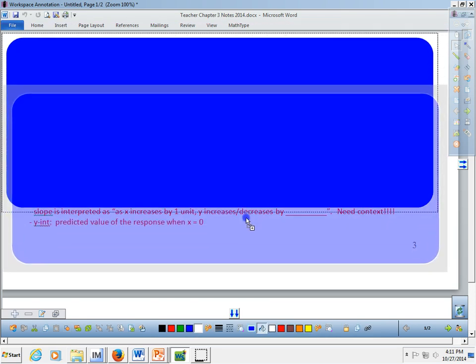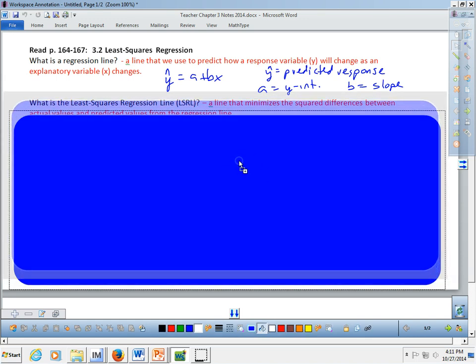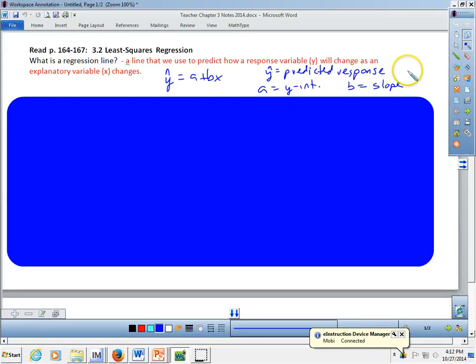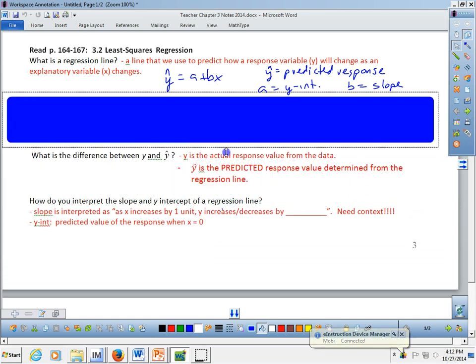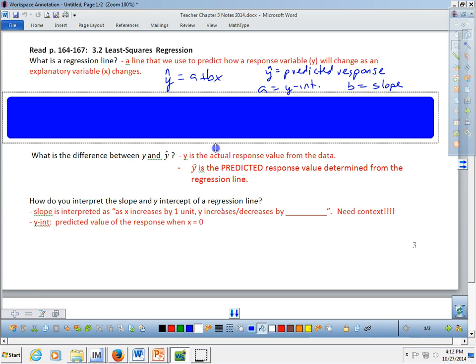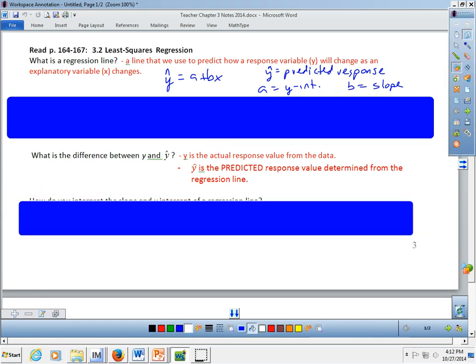So if I move this down, this is not going to work. All right, let me change boards here. Maybe that'll go a little bit better. Okay, I'll come back to the least squares regression line in just a little bit, maybe tomorrow night in our notes. We'll see what we get to tonight.